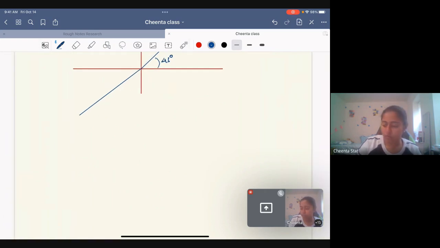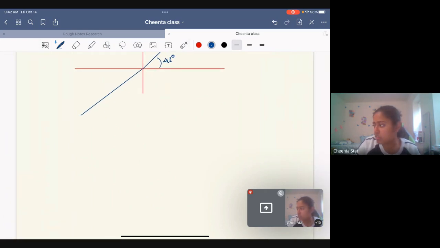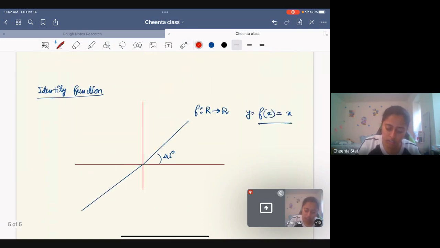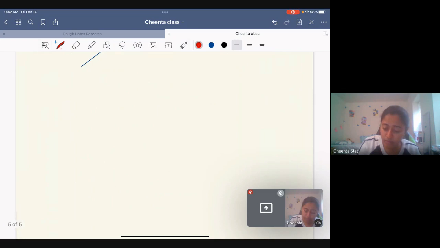Now, the next function will be the square function.